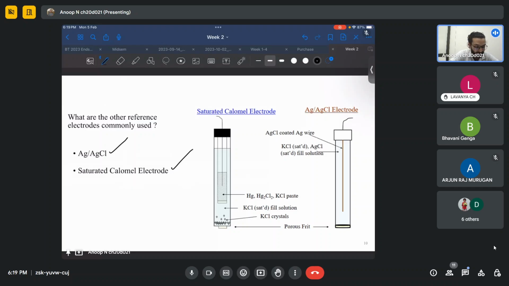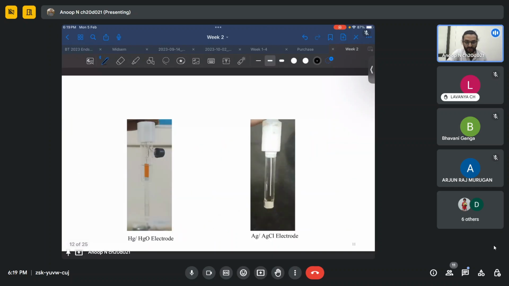In AgCl, we will have a silver wire which is partially coated with silver chloride, which is dipped in a saturated KCl or some different molarity of KCl solution. Similarly, we have the Hg2Cl2 electrode, which is called the standard calomel electrode. The reaction of the standard calomel electrode we will see in the later part of today's class. I'm just showing how it looks in practice.